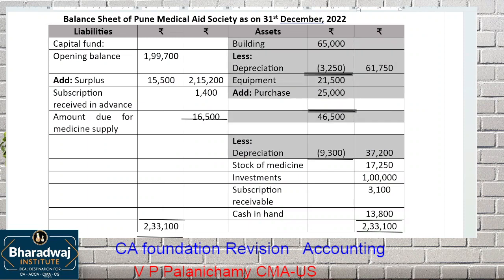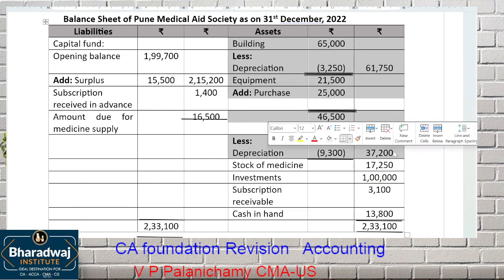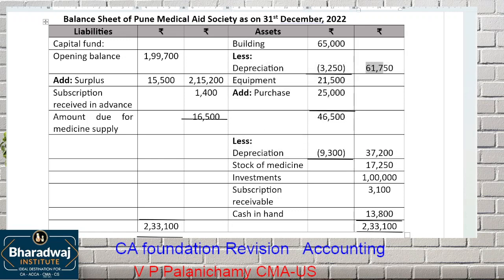The 61,750 you can take directly. This 37,200 also you can take directly.